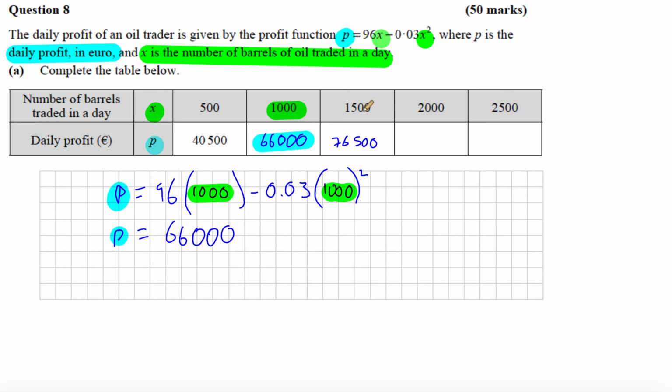You change the X to 1500. 72,000 when you change X to 2000. And 52,500 when you change X to 2,500 barrels. So there's the table filled in, and that's just the example of how you do one of them.